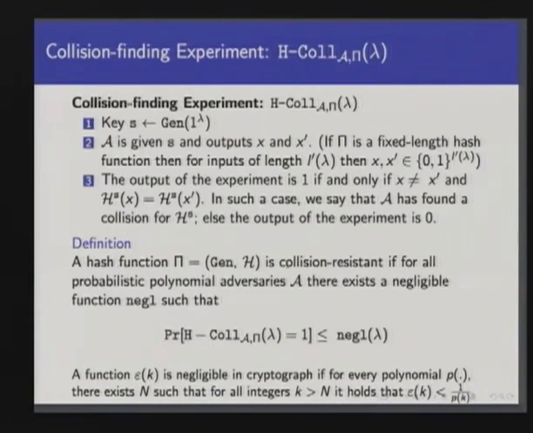So we call a hash function collision resistant if for all probabilistic polynomial time adversaries there exists a negligible function such that the probability of hash collision is less than that negligible function. Let us not go into the detail of this mathematical explanation.